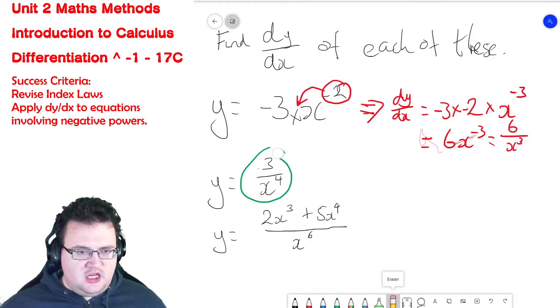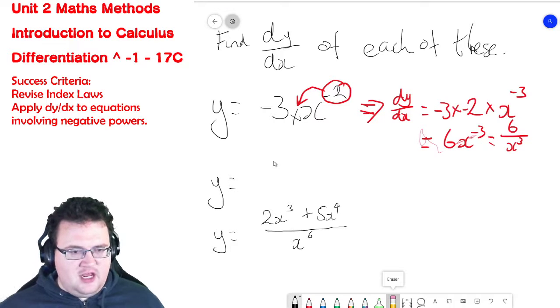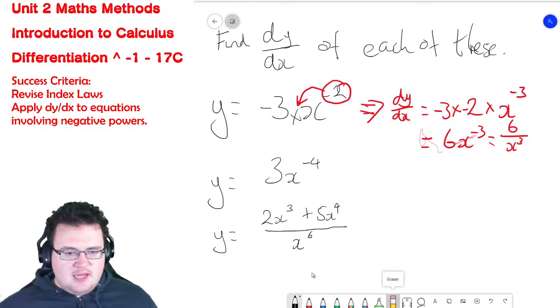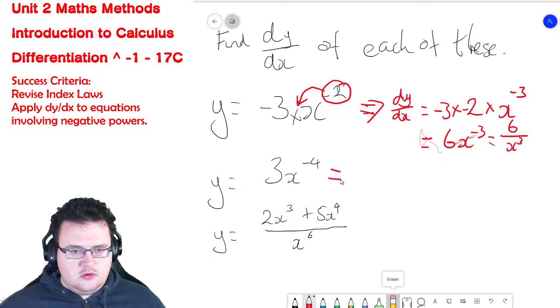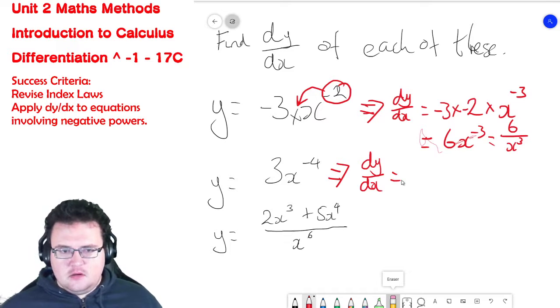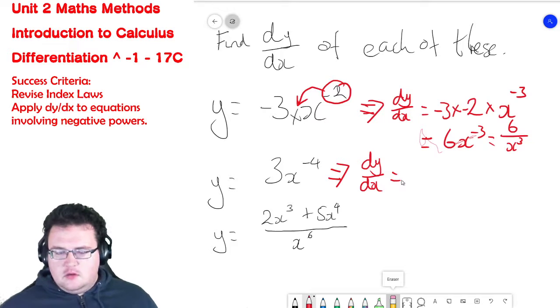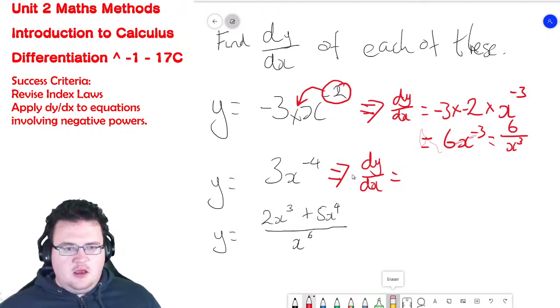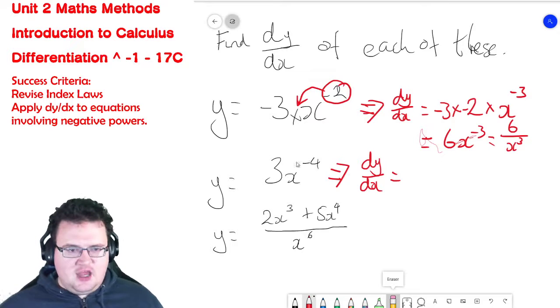So then we rewrite what we've got here, and we will now rewrite it in the form that we need, which is 3x to the negative 4. Now we can do our dy dx. So from here, dy dx, we're going to take our minus 4, whack it down the front.